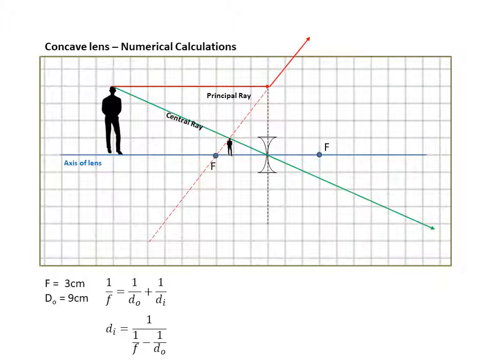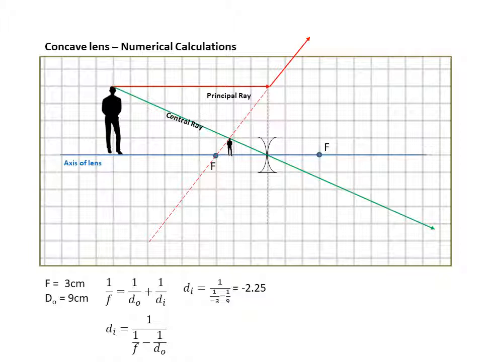We can rearrange that and put our values in, and we have to remember that the focal length of a concave lens is negative. When we put those values in, we end up with a result of minus 2.25 centimeters, and we can see that matches where the man is positioned on the ray diagram. He's 2.25 squares away from the lens.